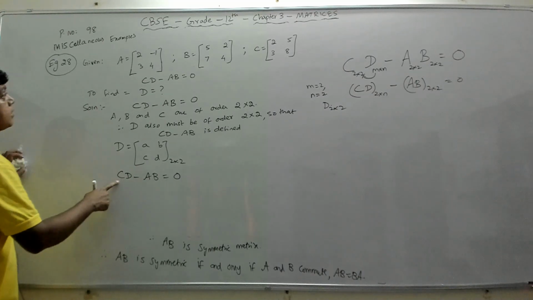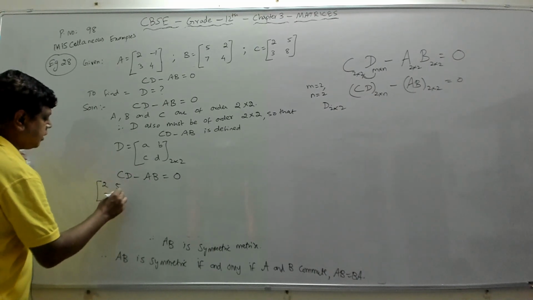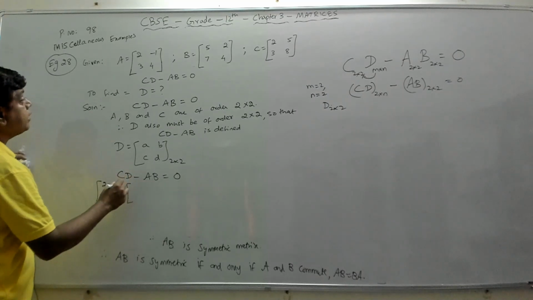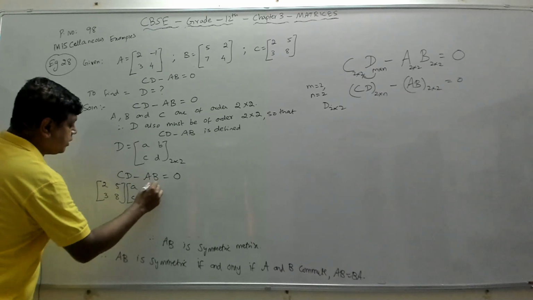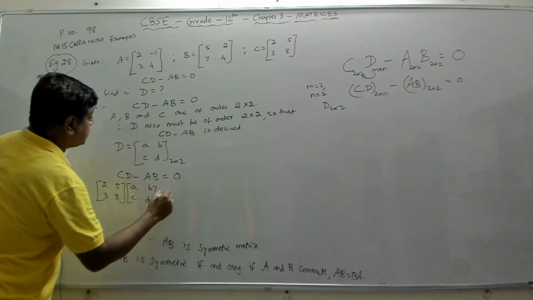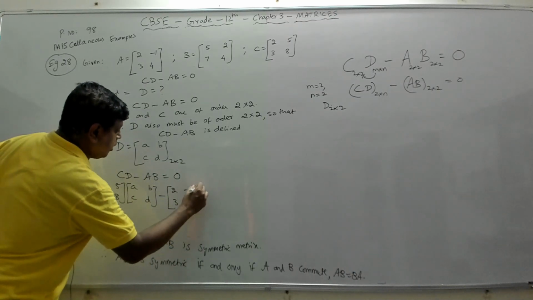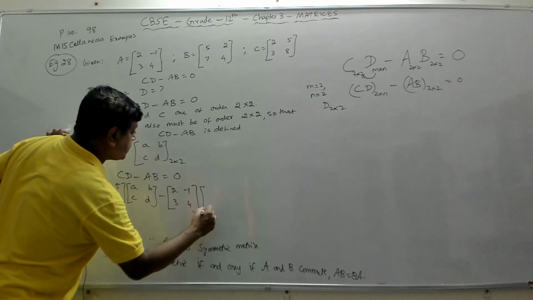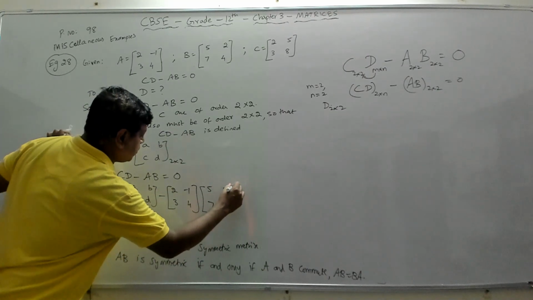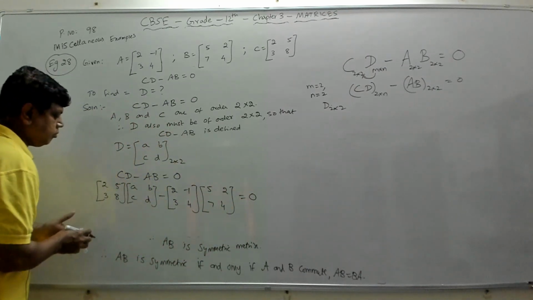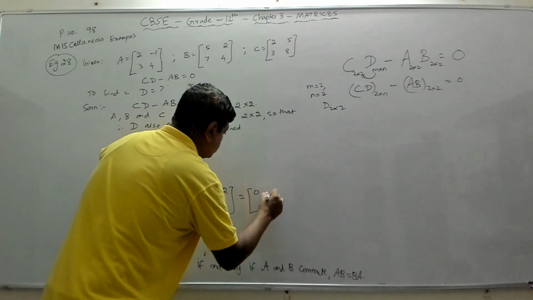C is [2, 5; 3, 8] and D is [a, b; c, d], minus A, which is [2, -1; 3, 4], and my B matrix is [5, 2; 7, 4], equal to 0. Equal to 0 means the 0 matrix, which is [0, 0; 0, 0].